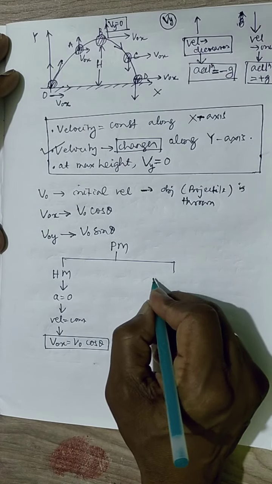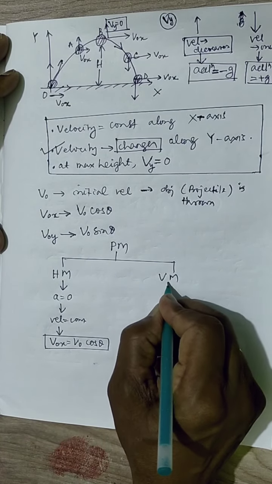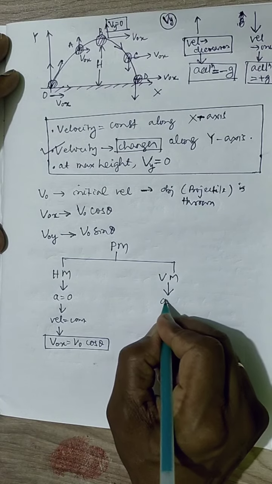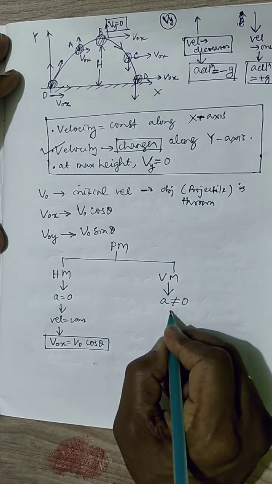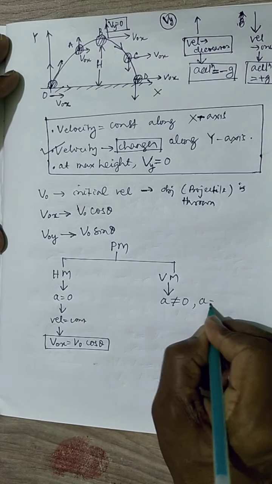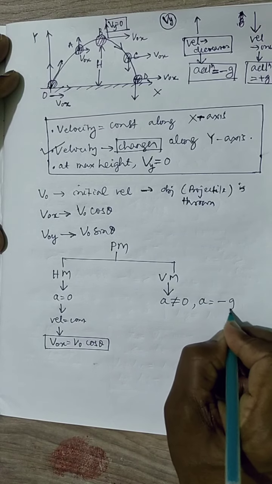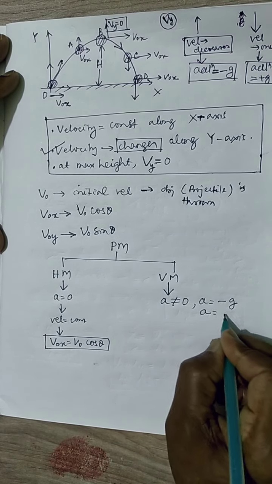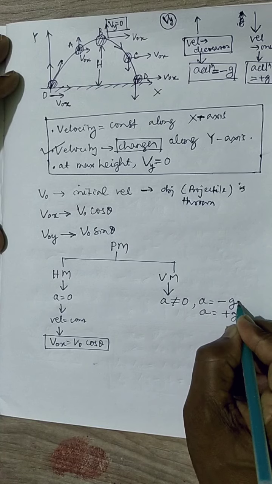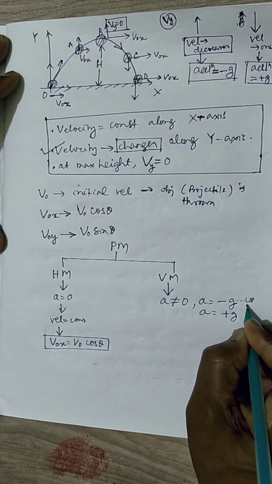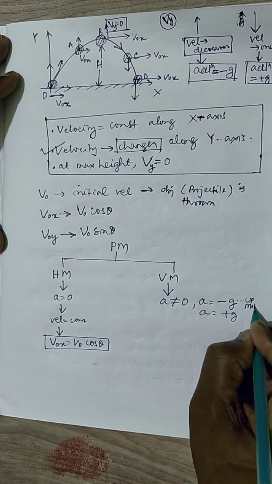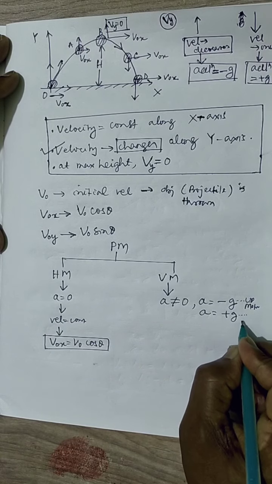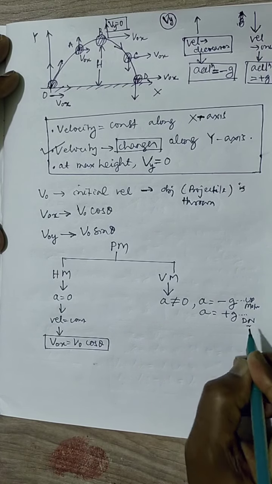During the vertical motion, acceleration is not 0. Here acceleration is either minus g or plus g: minus g for upward motion, plus g for downward motion.